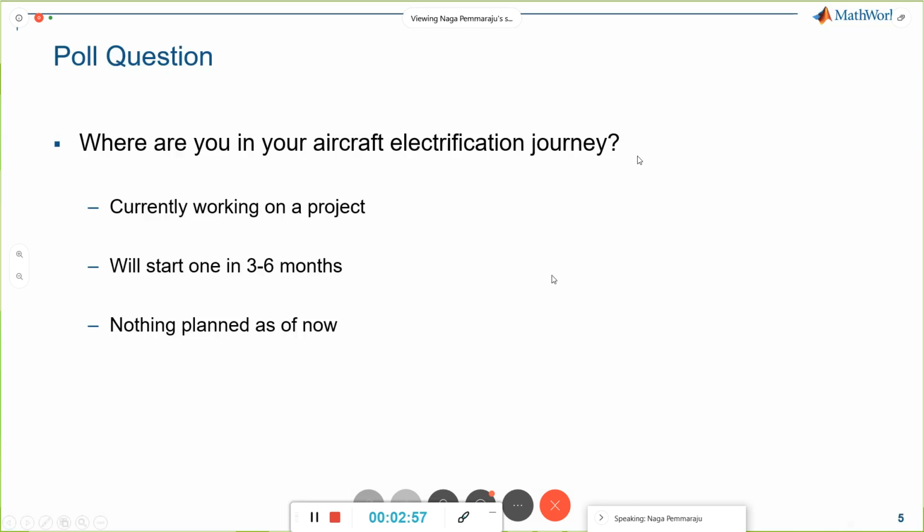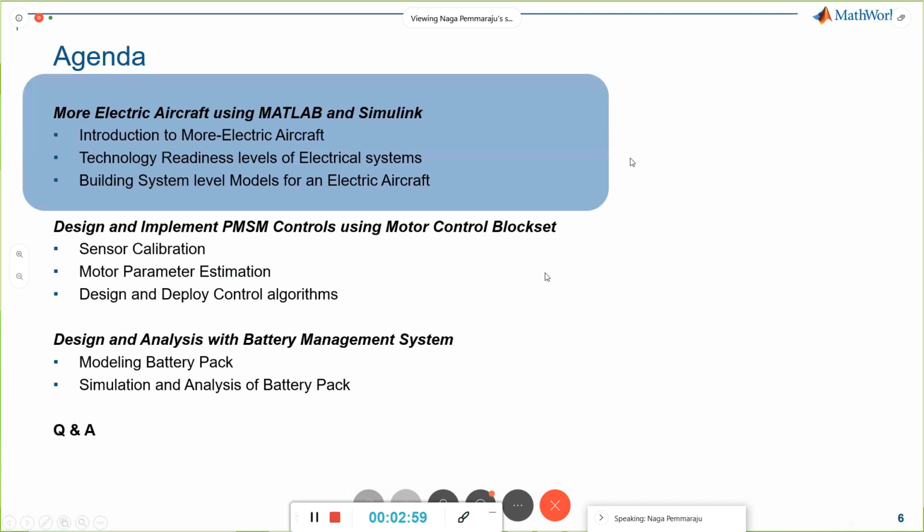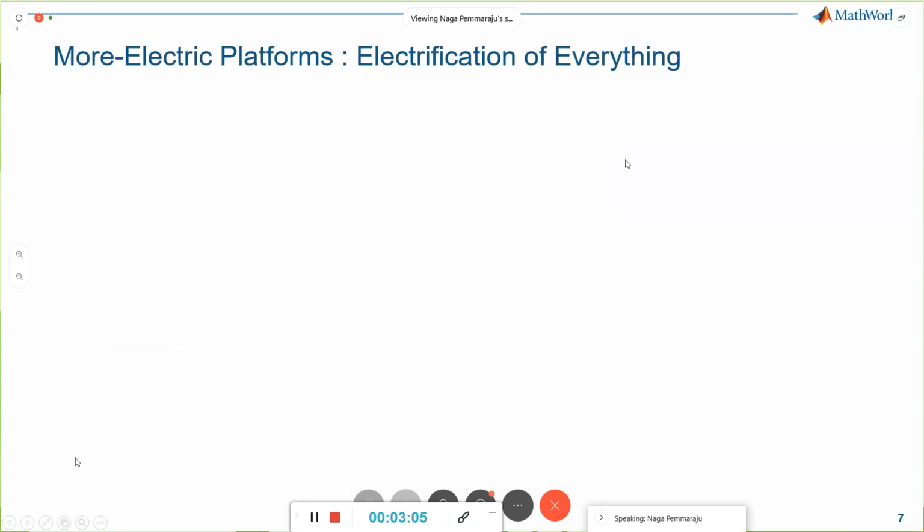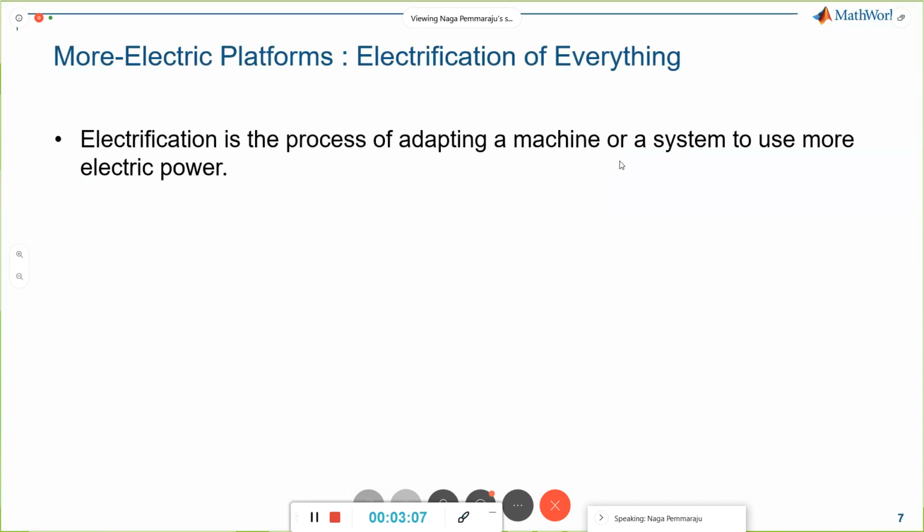Okay, moving on. Let's start with the first topic of today, the more electric aircraft. Why is electrification happening, and why is it important now? Electrification is mainly a process of adopting a machine or a system using electric power, right?